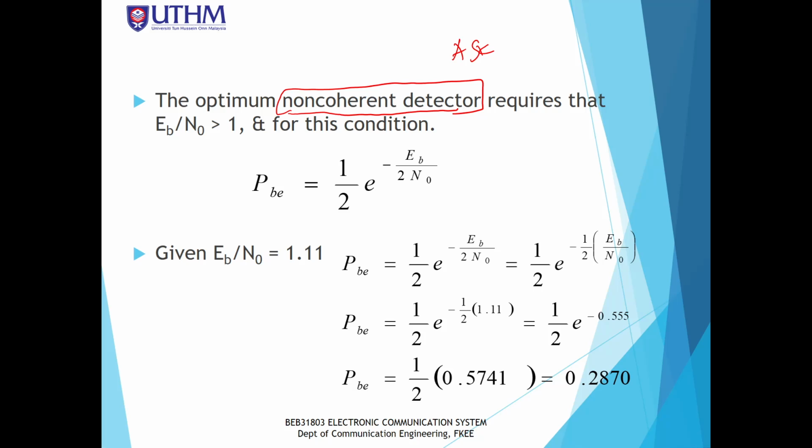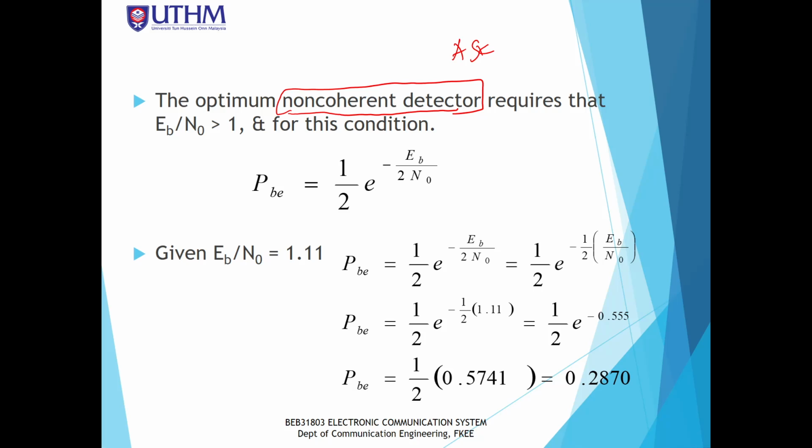If the receiver uses a non-coherent detector, then the probability of bit error is equal to 1/2 e to the power of minus Eb over 2N0. It does not use a table, not the error function table. In this case you can use a calculator.